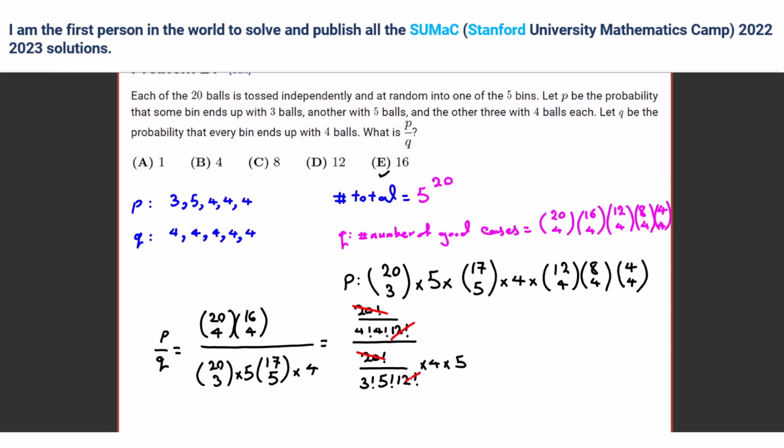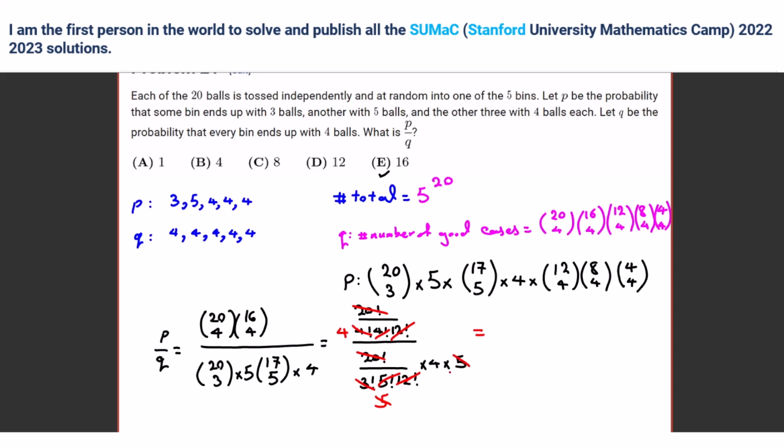Here 5 is left, here 4 is left, and so then it will be 5 over 4 times 5, and we can cancel the 5.